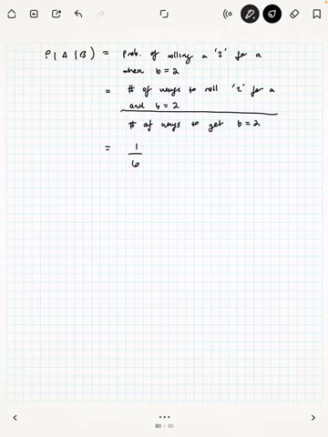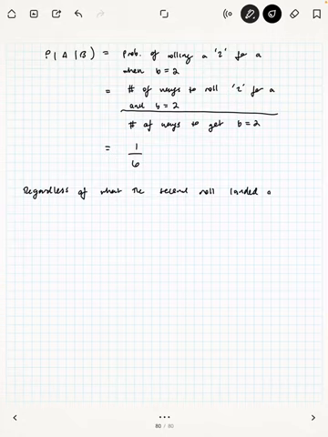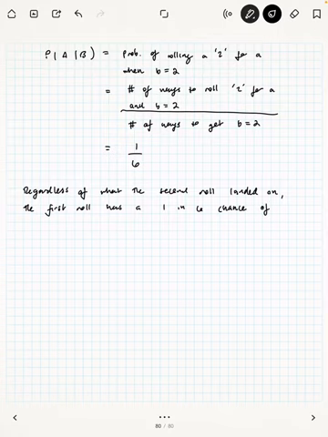So, in other words, regardless of what the second roll landed on, the first roll has a 1 in 6 chance of landing on 2.